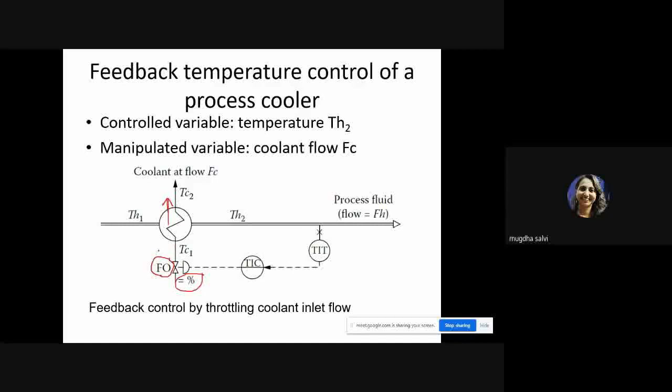Now, in case I had a fail to close valve here rather than a fail to open, what would happen? In case of pneumatic supply failure, my valve would close. If my valve closed, there is no coolant flowing into the heat exchanger. Then my temperature TH2 will go on rising, or it will be the same as TH1 after some time, which is not desired.